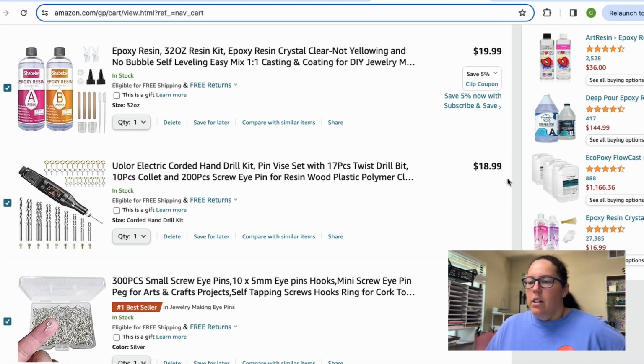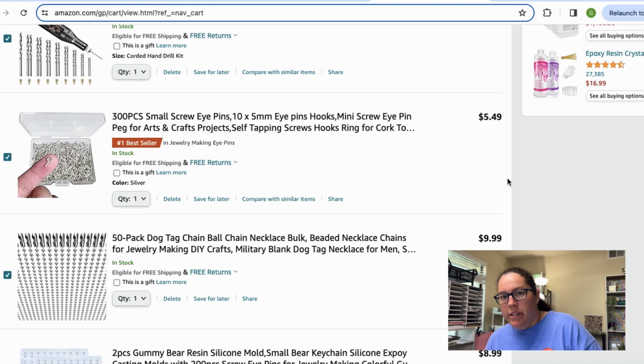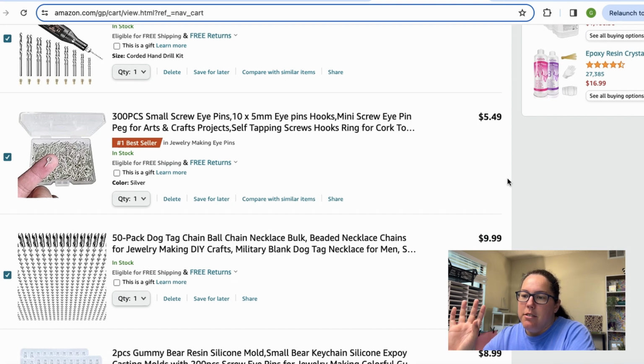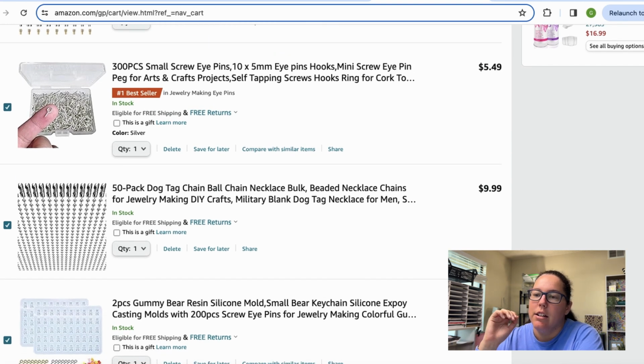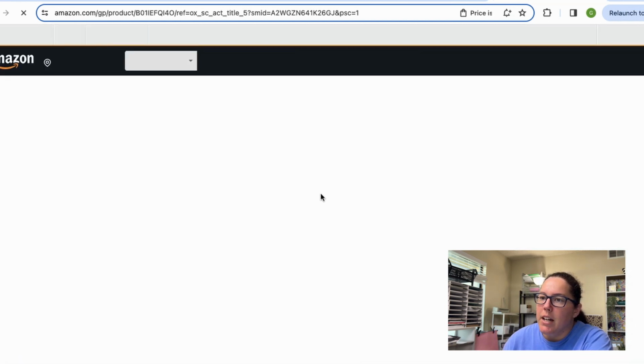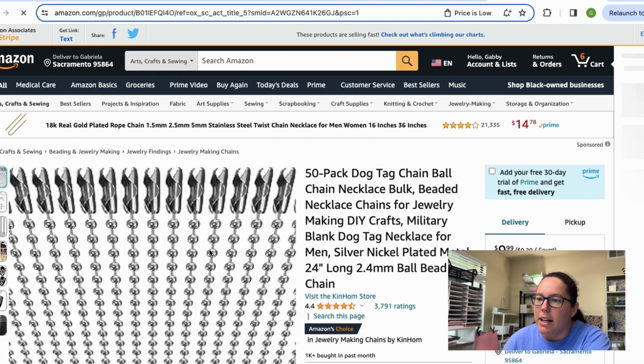So yeah, doing research on supplies. Specifically for this necklace product, I'm looking at pricing and the different variations. So currently I'm just going to stick to the ball chain necklace, kind of like the dog tag style, partially because I just like that chain better, and they also come with the locking mechanism, which is really easy, so that's why I chose that.